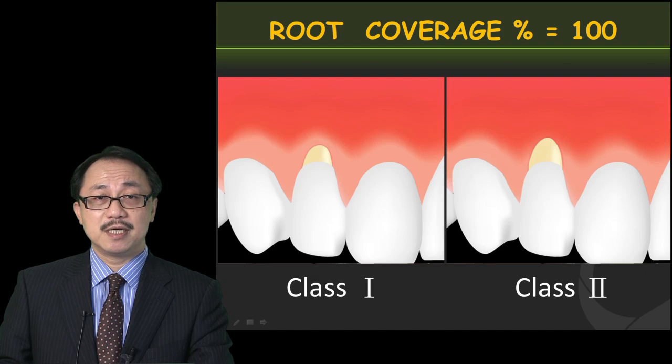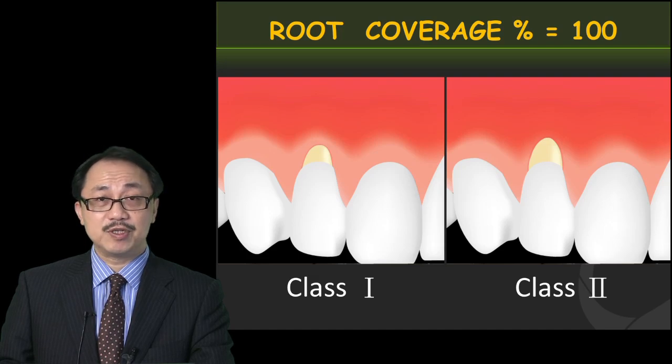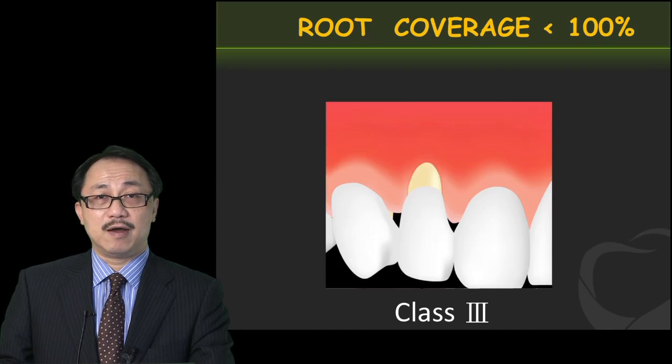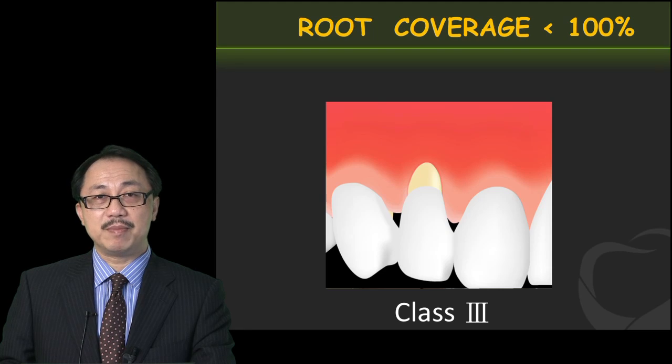For Miller class 1 and 2, we can anticipate 100% root coverage. Whether or not it exceeds the mucogingival junction is not a matter. For root coverage of class 3, there is likely a possibility to get 100%, but oftentimes, because the papilla did not fill in, we weren't able to achieve 100% root coverage.